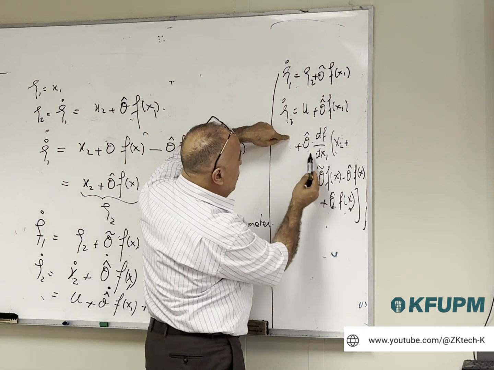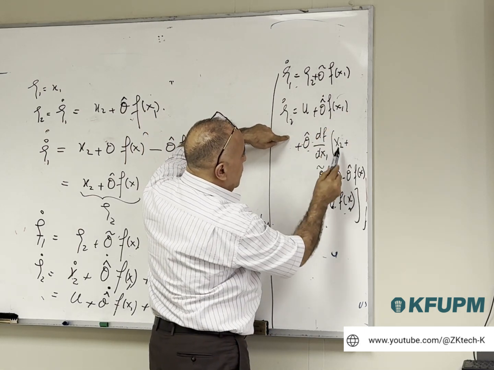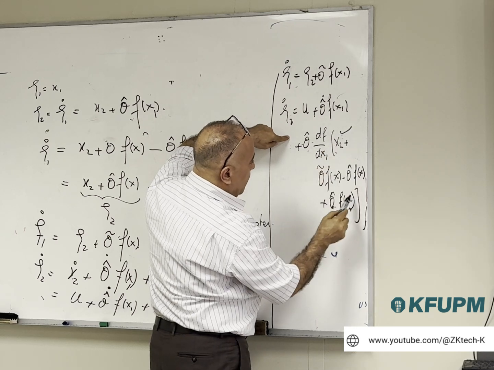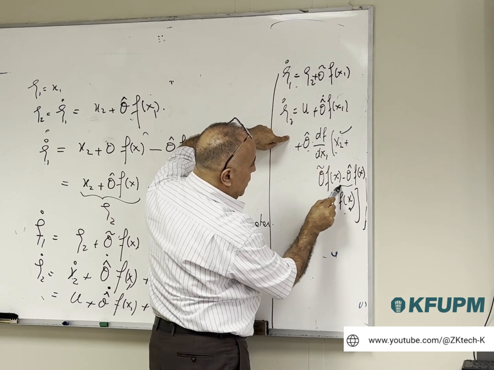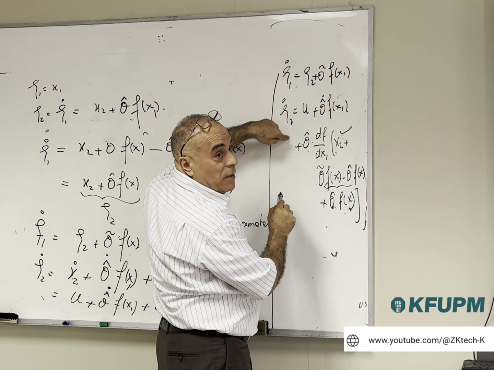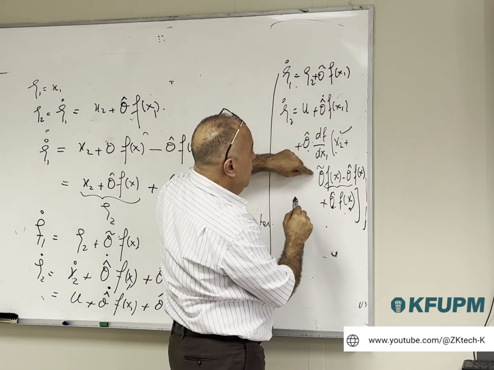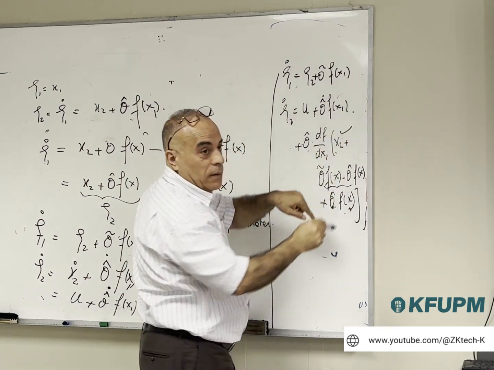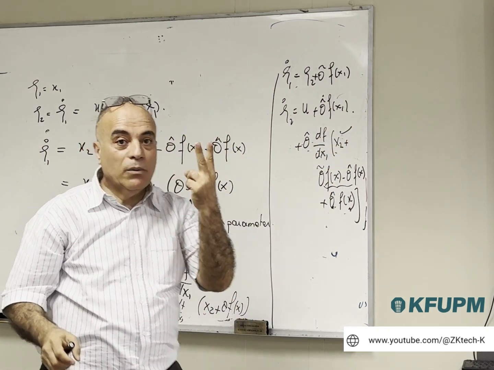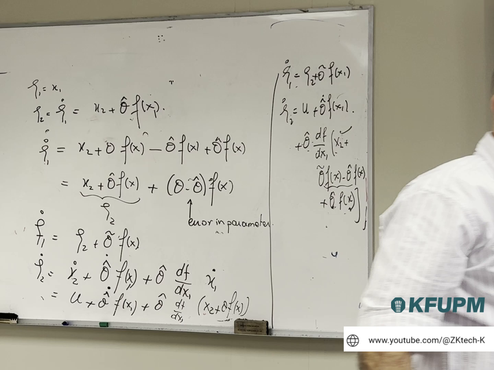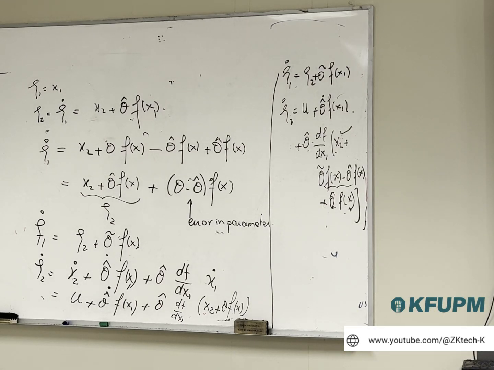I will be able to use u to cancel this term, but I cannot cancel the theta tilde that is here, because I didn't know theta. So this term will appear also in the second equation. So your system now has two equations, the dynamics of zeta 1 and zeta 2, but they are affected by the error between theta and theta hat.